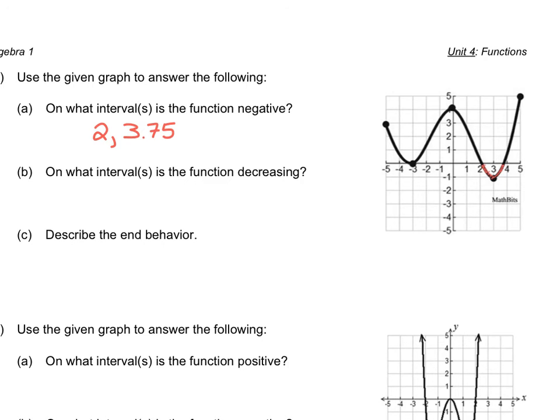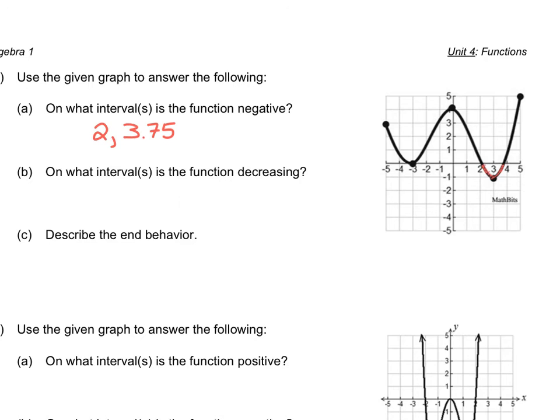This would most likely be a multiple choice question, and you wouldn't have a choice where it's 2 comma 3.75 and then 2 comma 3.76. It would be like 2 comma 3.75 and then negative 2 comma 3.75.